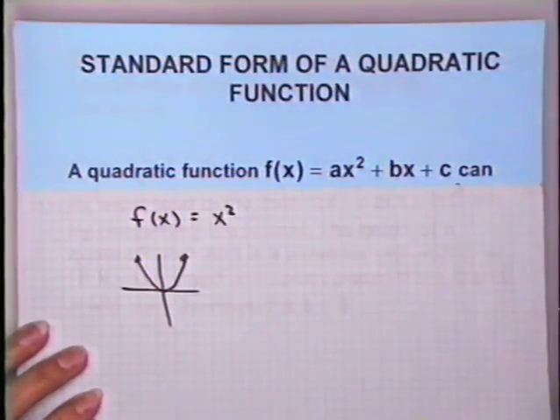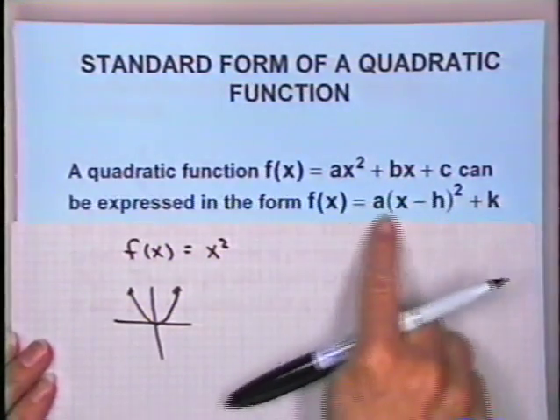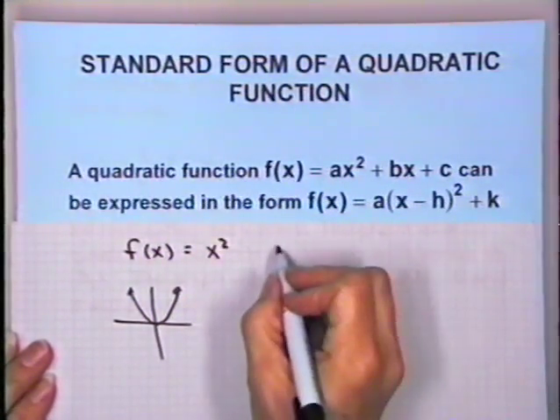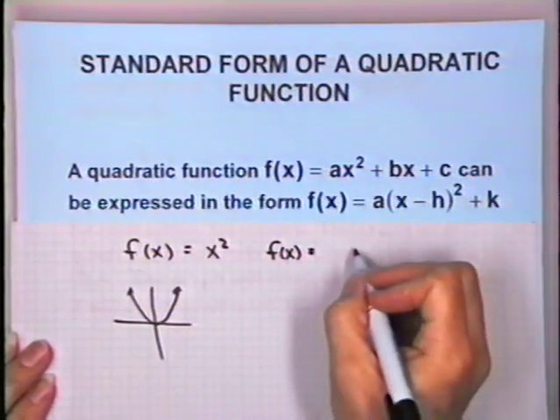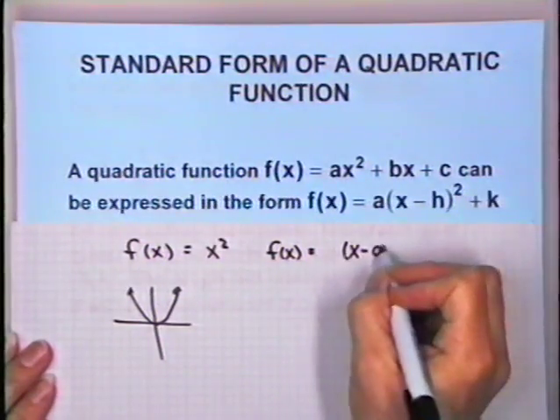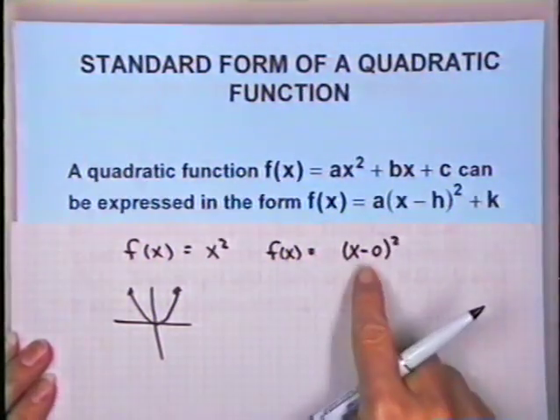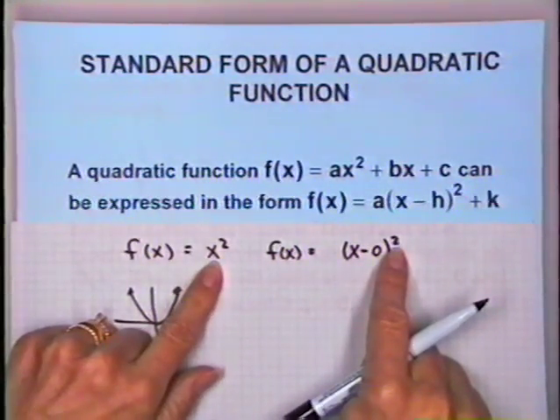I want you to notice with this simple equation, we don't even have to complete the square to write it in this form. Notice that since I do not have anything subtracted from x, it's like h is a 0. In other words, x subtract 0, quantity squared is just like x squared.